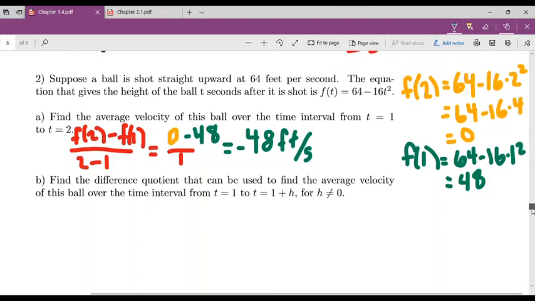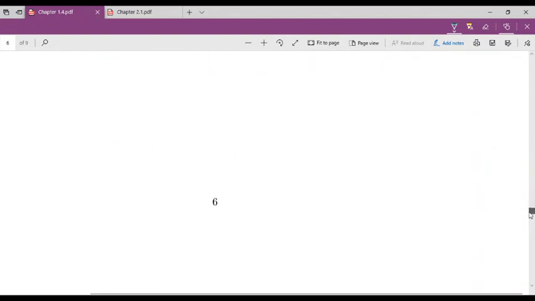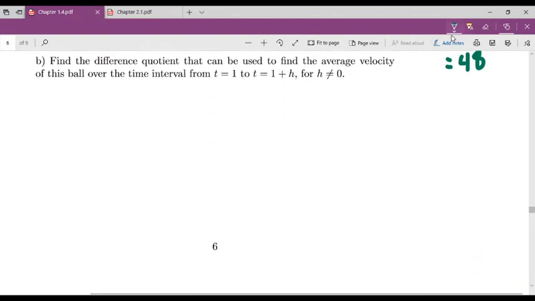Now this is where we have to go up here and we have to use this difference quotient equation. So what you're doing here is you're finding f of x plus h minus f of x all over h.